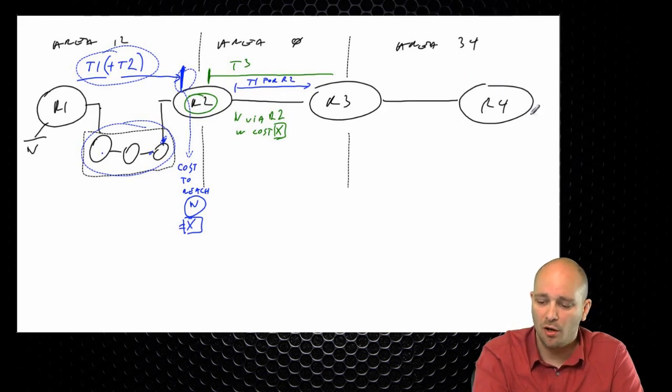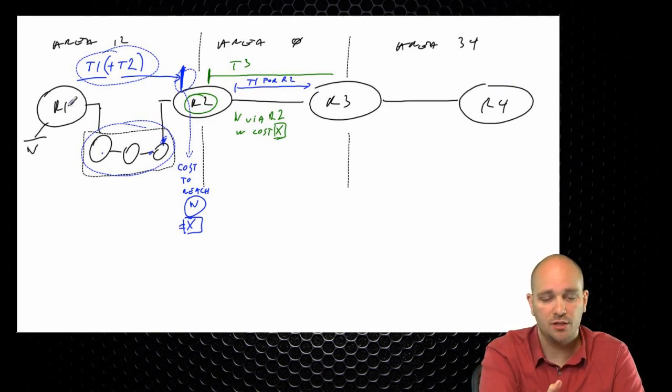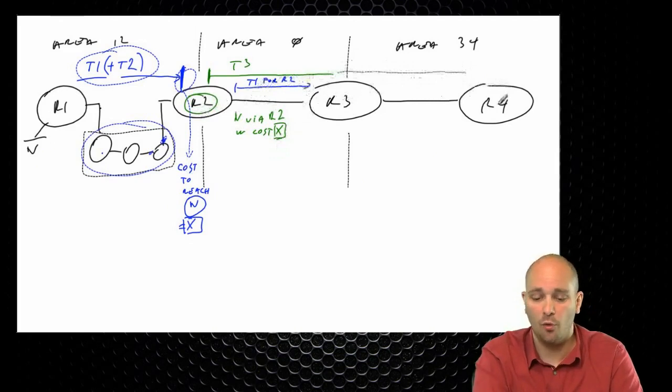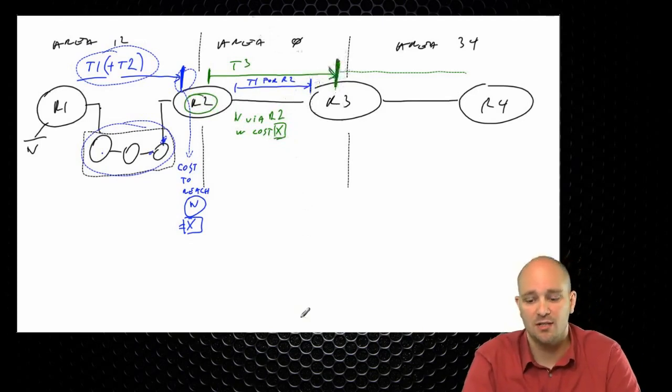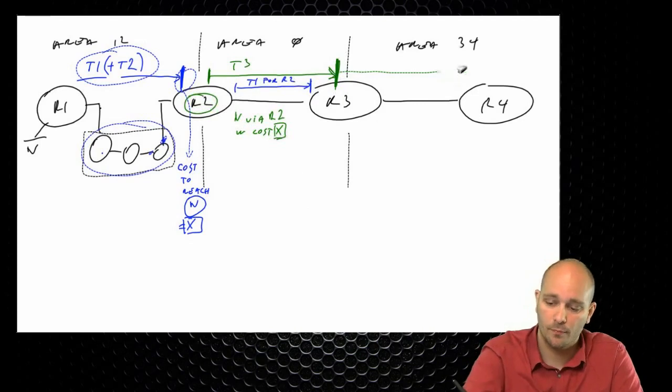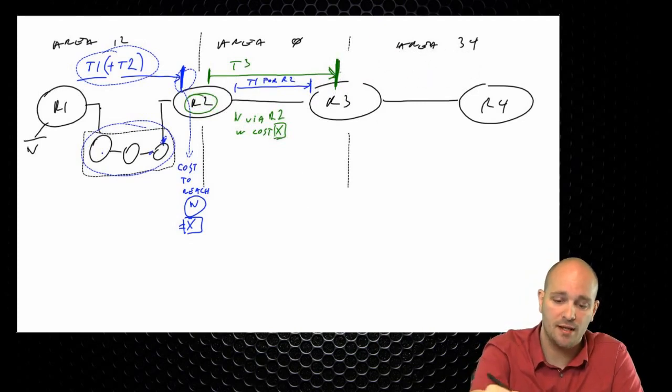Now, what about R4? Can R4 reach the network N advertised by R1? Well, if R3 was to flood this information out, we would have information here that this is reachable through R2, and R4 has no idea who R2 is because this information stops here. This is why the flooding scope of type 3 LSA is actually a single area. So this type 3 LSA stops here, but R3 is actually going to generate its own type 3 LSA.